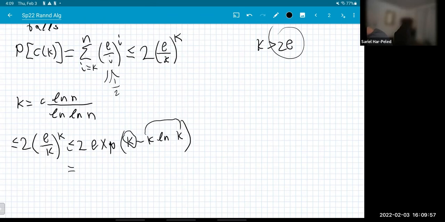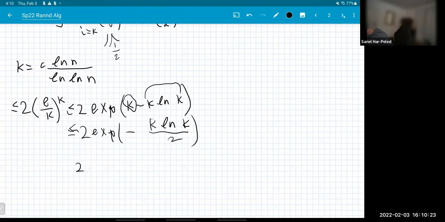Or more precisely, if N is large enough, right? If K is larger than 10, then ln K is something like 3, and then minus K ln K is larger than K, right? So this is, in particular, smaller than 2 exp of minus K ln K divided by 2, right?